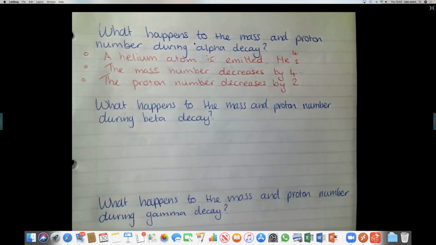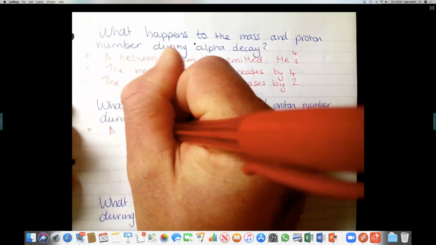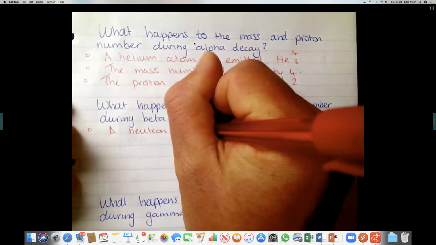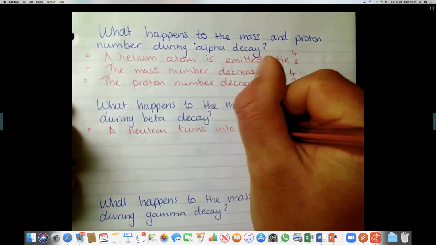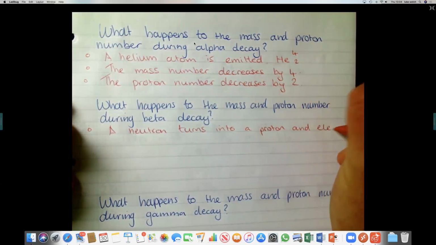Okay, what happens to the mass and proton number during beta decay? Now, people get a bit confused with this one. Now, we know a high energy electron is emitted. Now, during beta decay, a neutron turns into a proton and an electron. So, first of all, a neutron turns into a proton and electron.